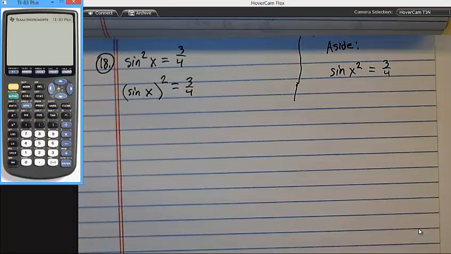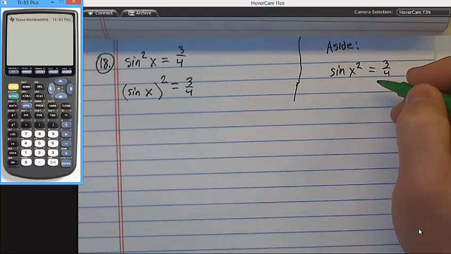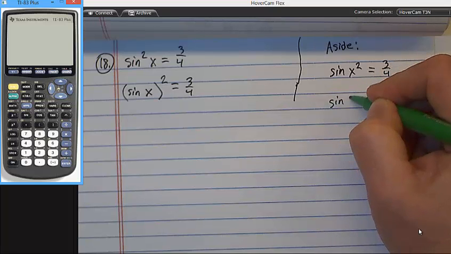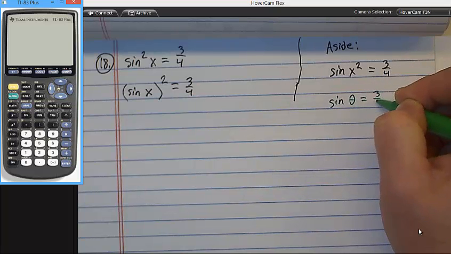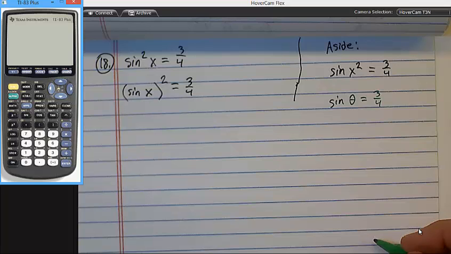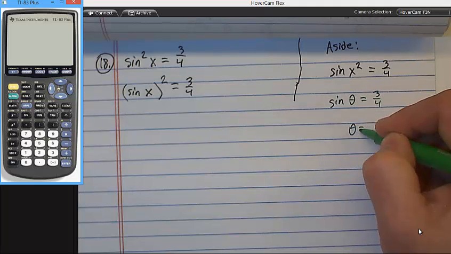If I were going to do this problem, I would say something like sine of theta is 3/4, where theta is what? Theta is x squared, right?